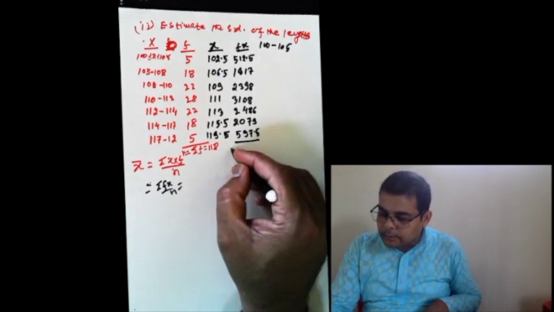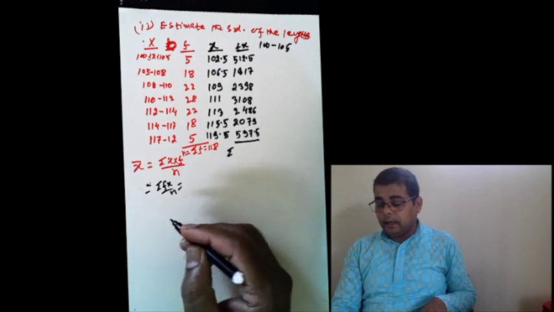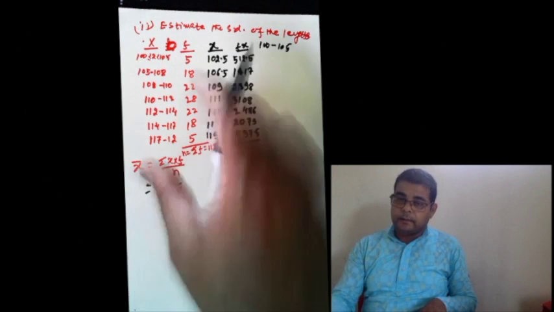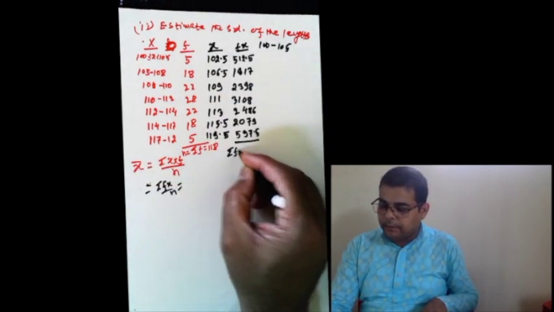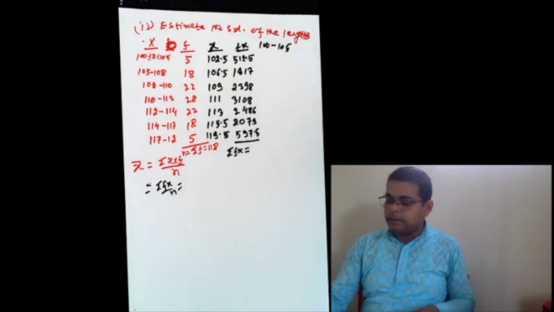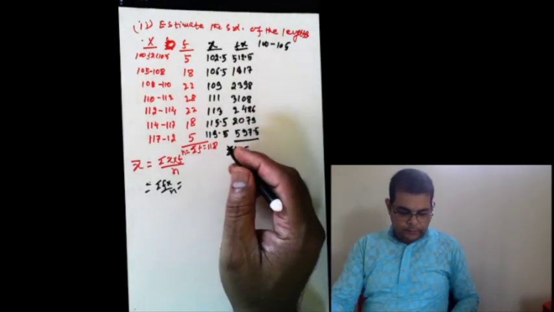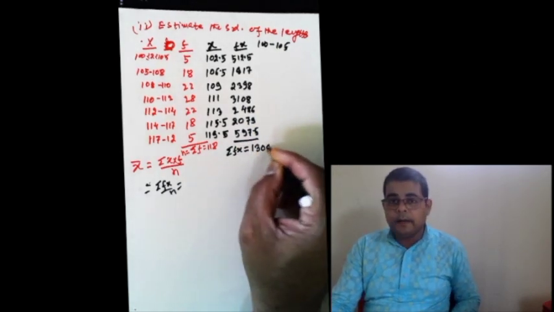So what you need here in the information: first of all you have to write the formula and look at the things that you require in the formula, and then develop your table accordingly. So it is a column for the summation of fx, and then you add up all these values, and that value is going to be 13098.